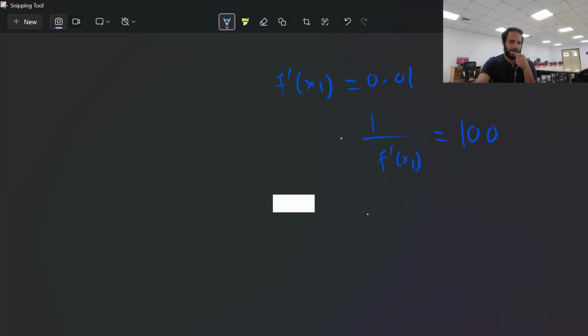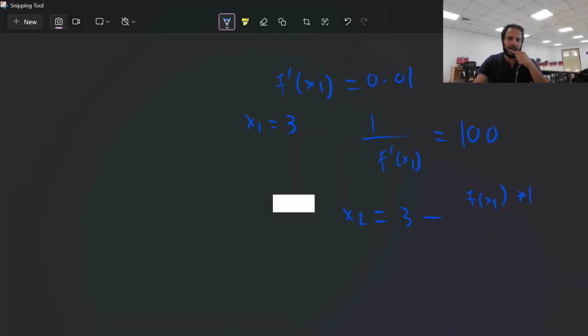So for example, if I want to find x2, assume x1 is for example 3. So if I want to find x2, for example, x2 equals what? Equals x1 equals 3 minus f x1 over f prime x1. But 1 over f prime x1 is what? Is 100, right?